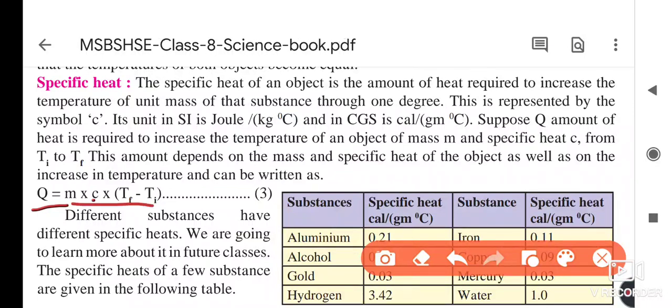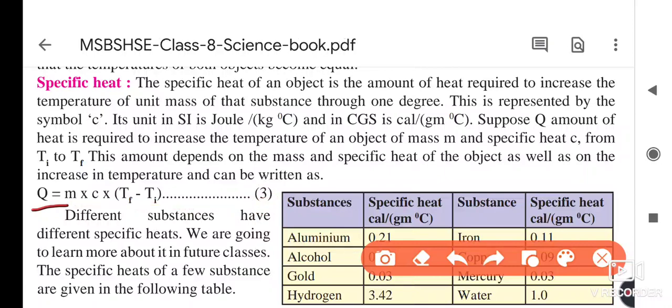So the formula of heat is Q = m C (Tf - Ti).